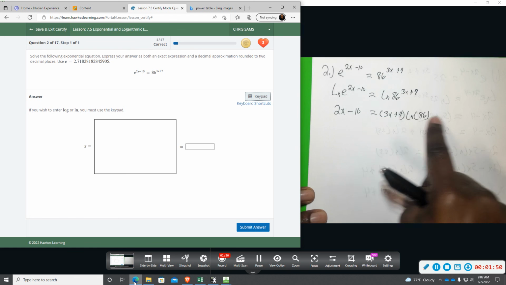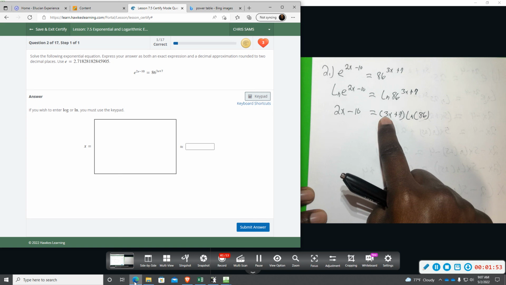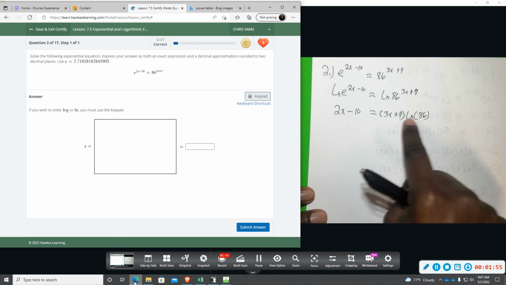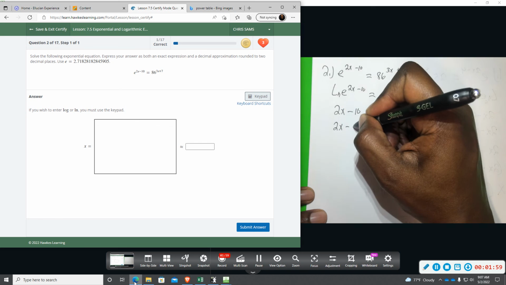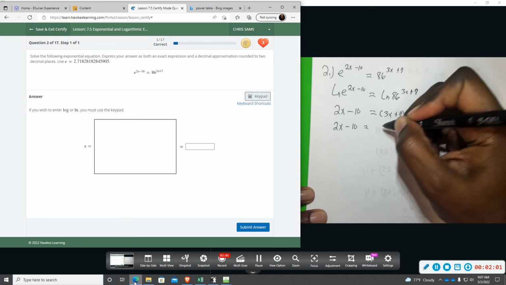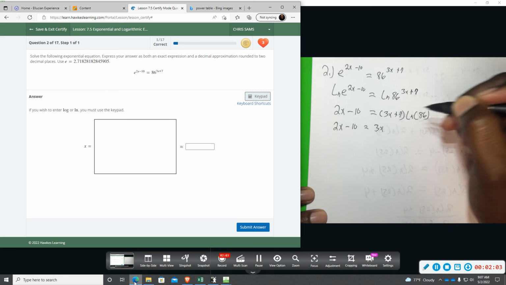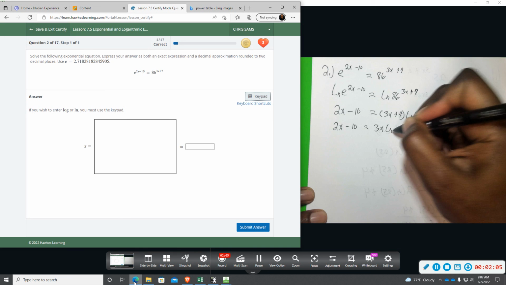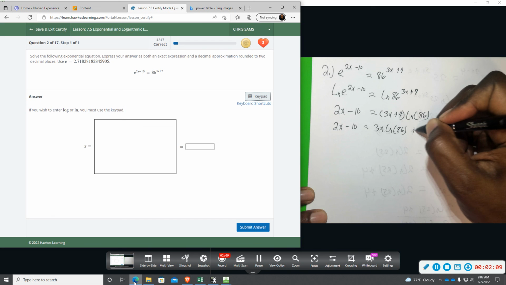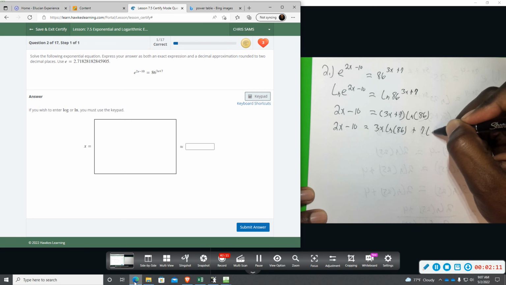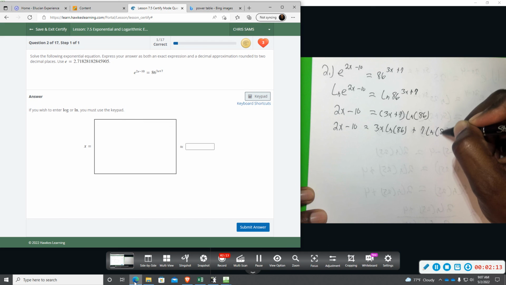We're going to distribute the 3x and the 7 to ln, and then plus 7 times ln of 86.